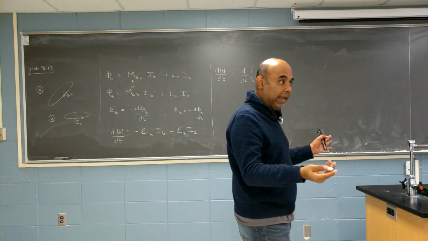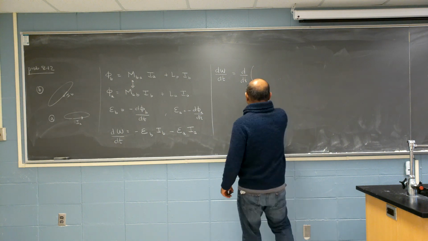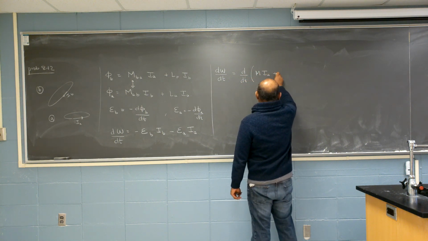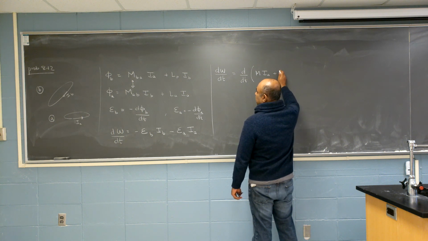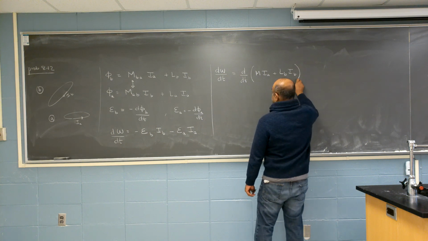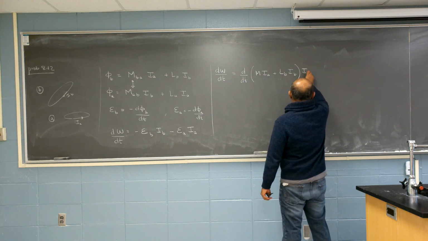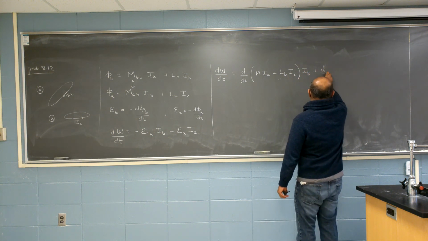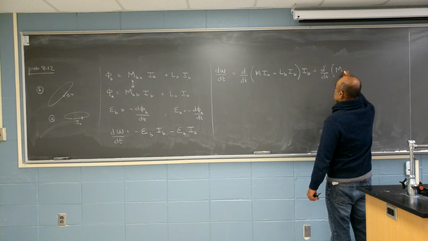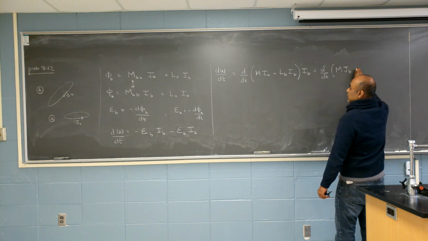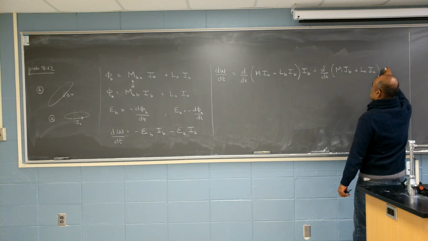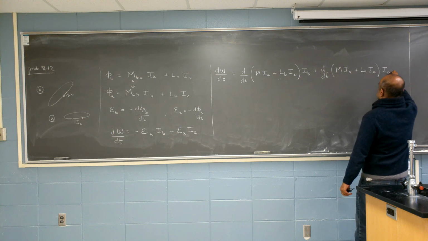I just call them M. So I have M I_A plus L_B I_B times I_B plus d/dt of M I_B plus L_A I_A times I_A.